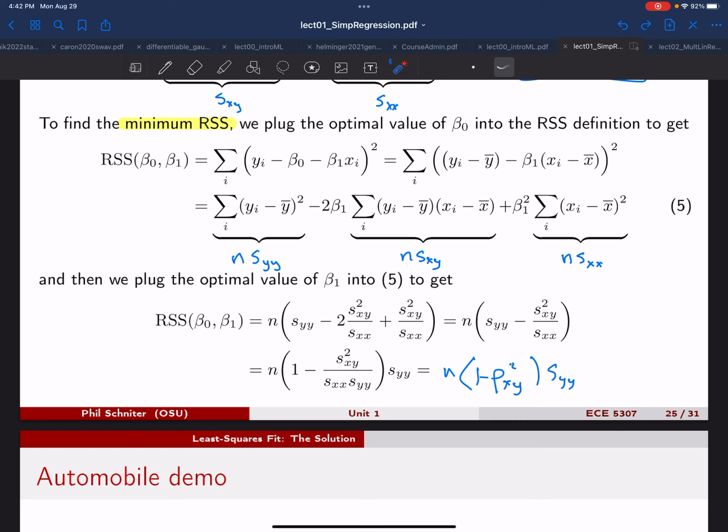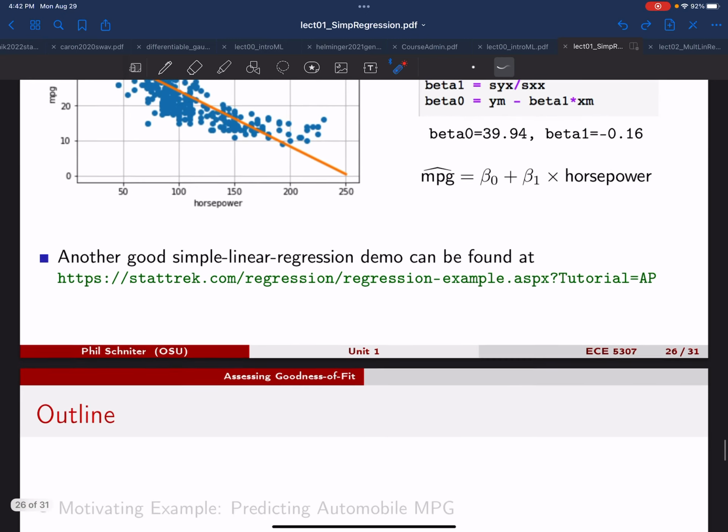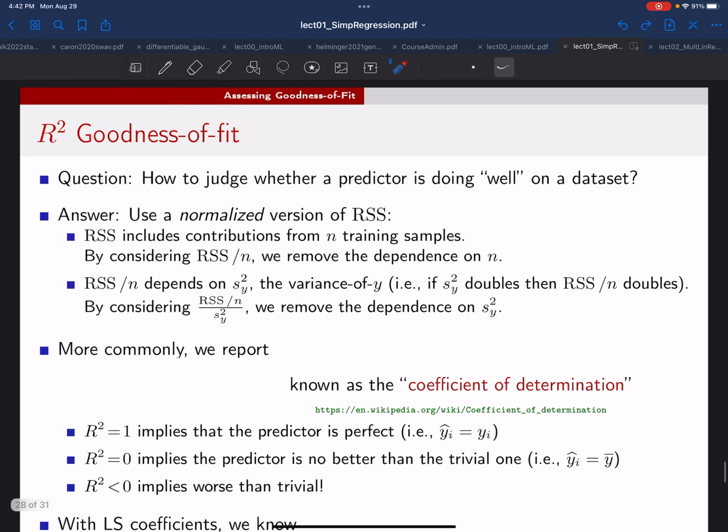So in addition to dividing RSS by n, I say we should also divide by SYY, and this would give us a normalized RSS. That's the idea here. Let's use a normalized version of RSS. We're going to divide by n, and we're also going to divide by the variance of y. Okay, and this is almost what's done in R squared.